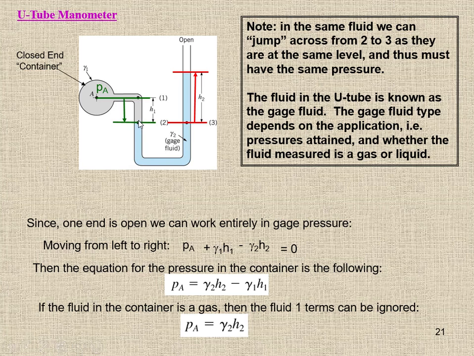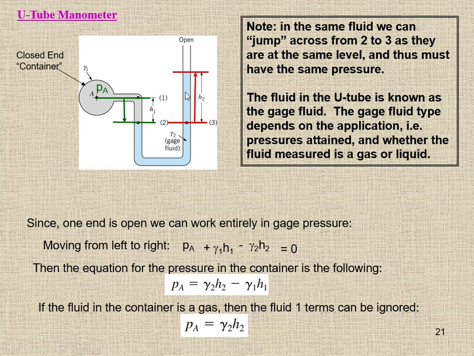As you go up in the fluid, the pressure decreases, which we consider negative. You are going down, so the pressure is increasing and we consider it positive, plus gamma 1 H1. Now you move to the other side, because up to here the pressure is the same. So now you are here, and at this point you are going up.